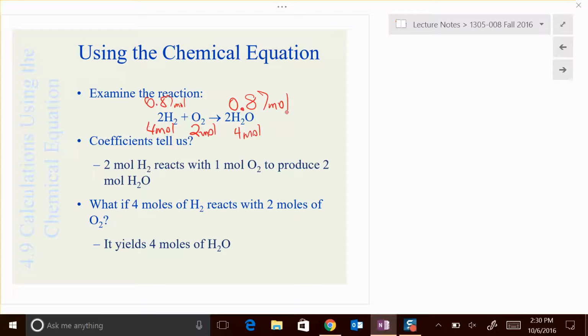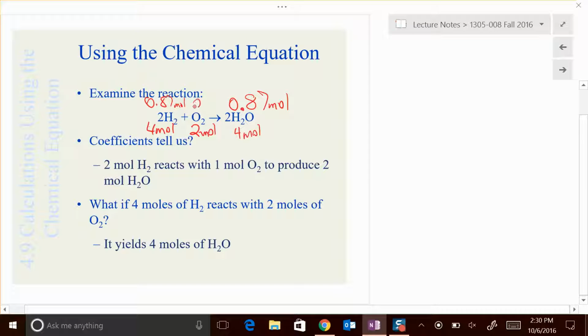For every 2 moles of H2, I have 1 mole of oxygen, right? That's half the amount, right? That's half. 1/2 of this. So 0.87 moles will react with how much oxygen? Right? So half of it, right?